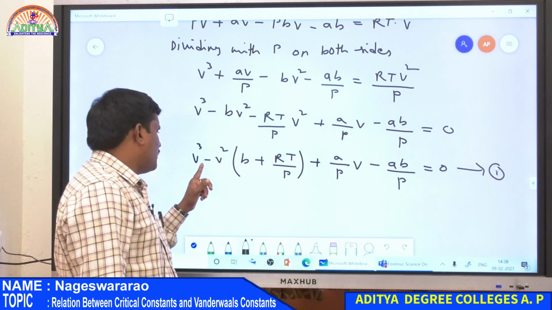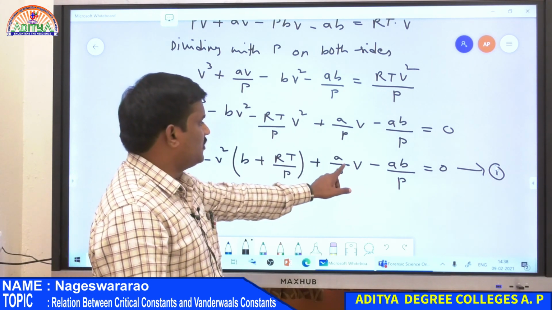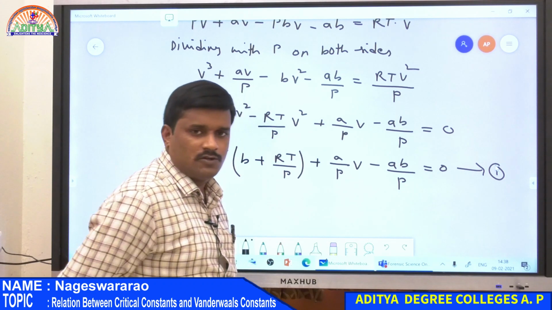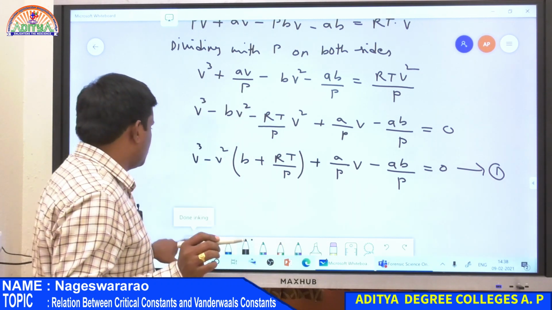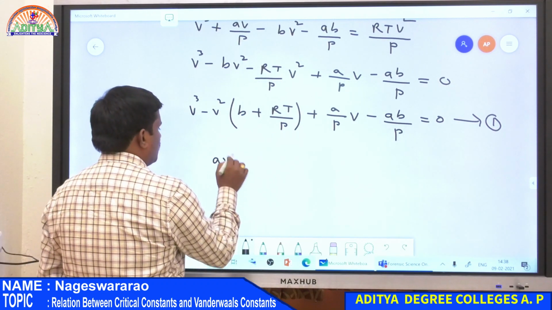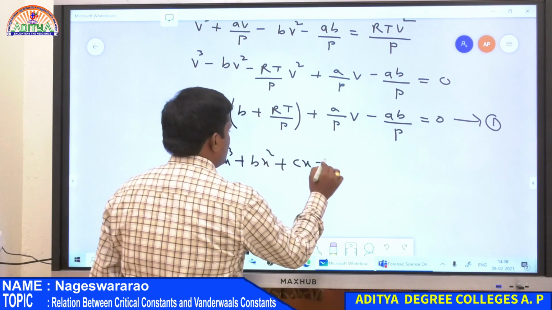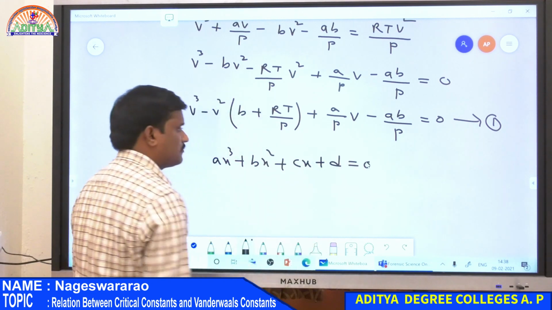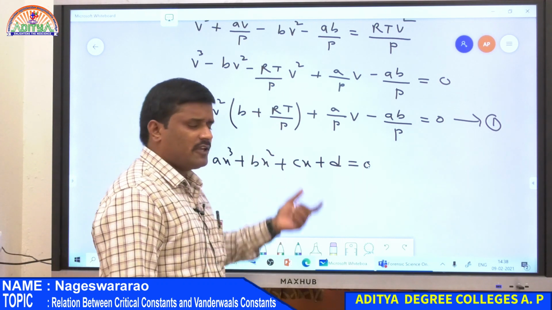So V cube minus V square into b plus RT by P, plus a by P into V, minus ab by P is equal to 0. So what is this equation? This equation is similar to ax cube plus bx square plus cx plus d is equal to 0. So our given equation is similar to a third order equation.